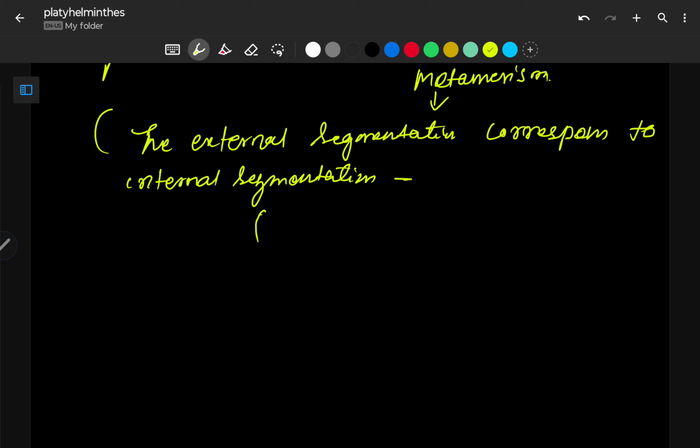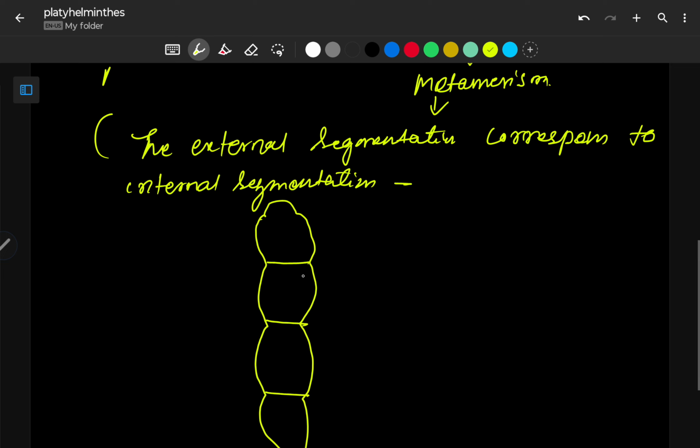So let me take the example of earthworm. Suppose this is the body of an earthworm. So these are the external segments. The body is divided into ring-like structures, and now when you dissect it, when we observe the internal structure, you will see that the nephridia are present in an organized way in each and every segment.